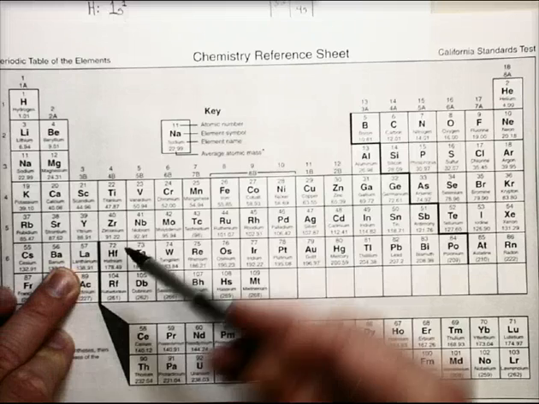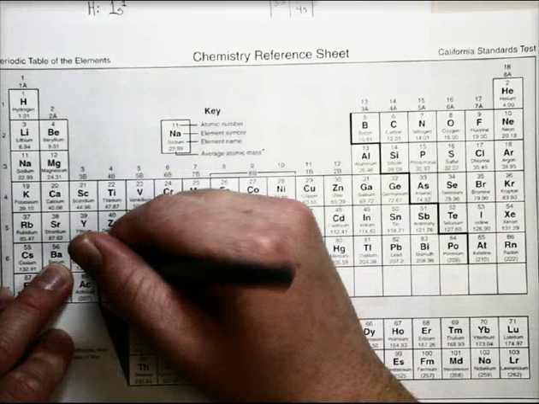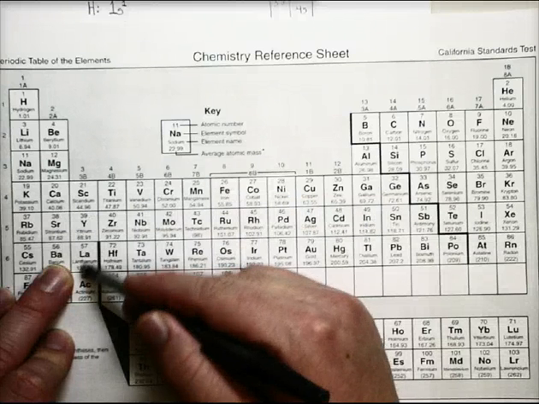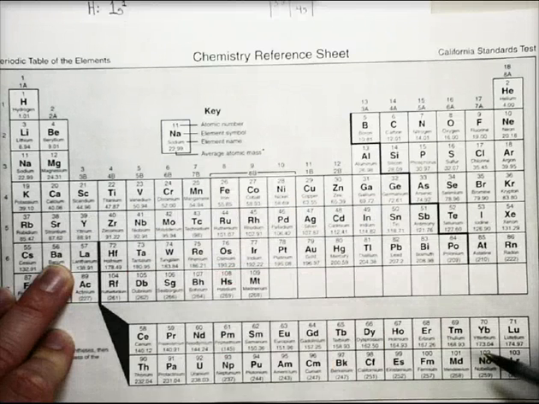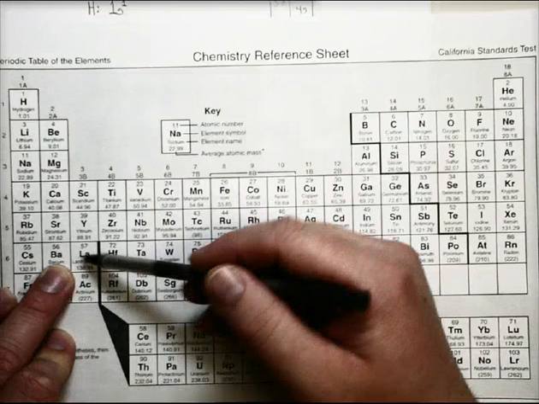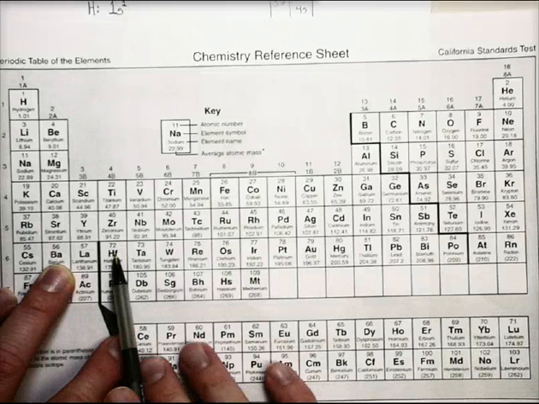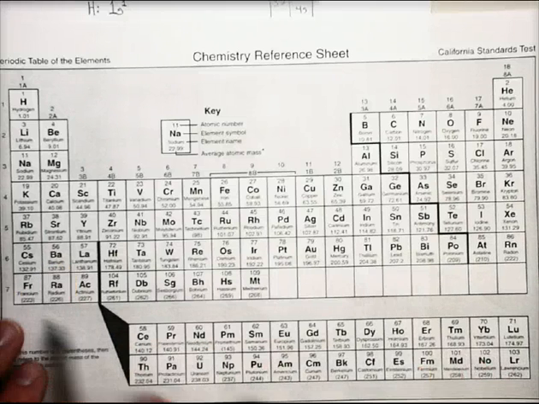So these are part of the F block, and this last one over here is actually part of the D block. So from 6s, you actually go into 4f, and then back to 5d, 6p, 7s, 5f, 6d, and so on and so forth.